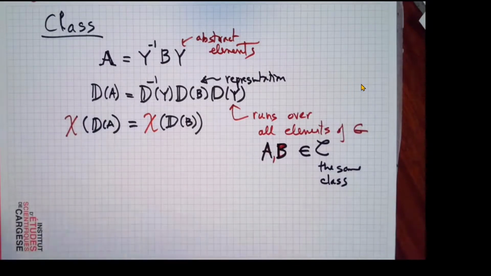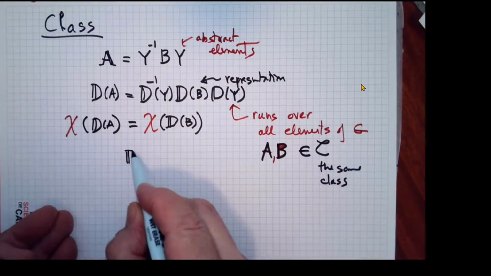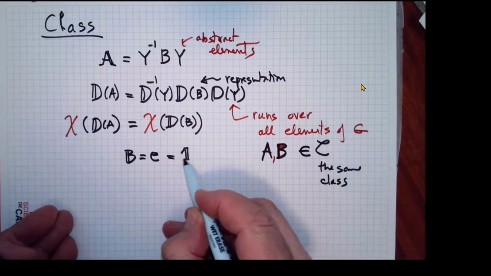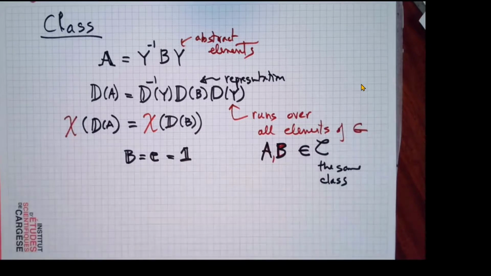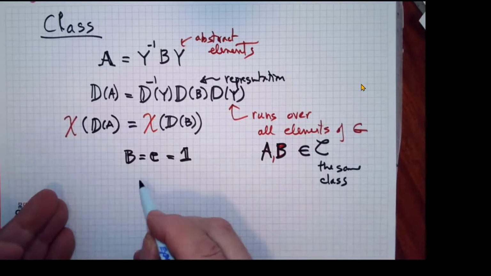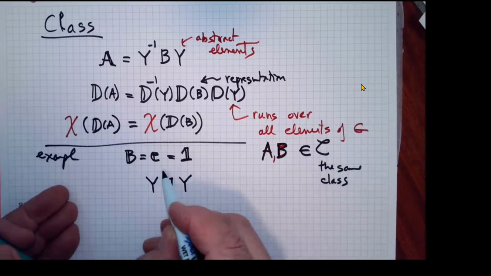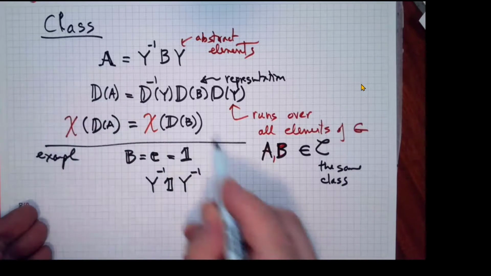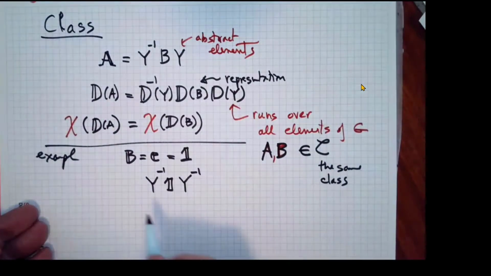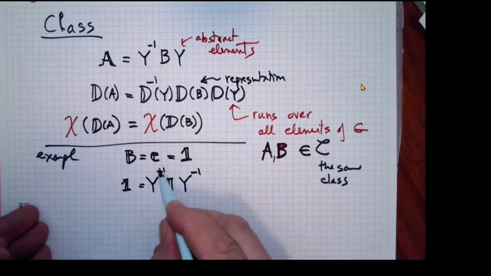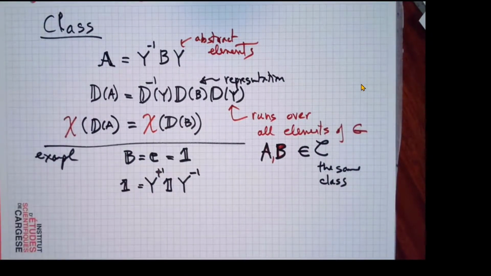For example, if B is the identity, E, the abstract identity operation, do nothing, then Y times identity times Y minus 1 is identity. In other words, identity is always a class of its own. So one class is always the identity.